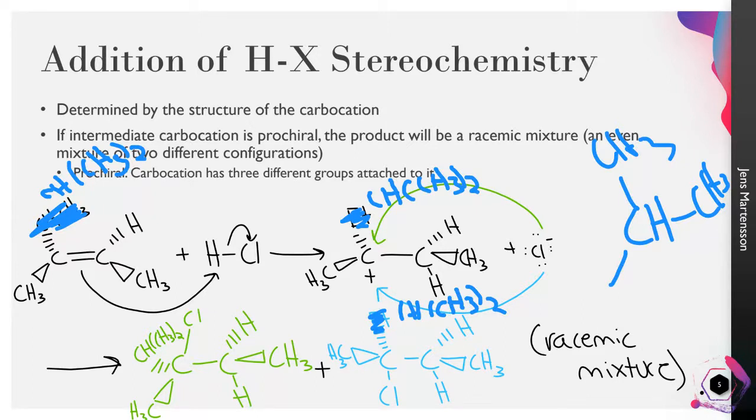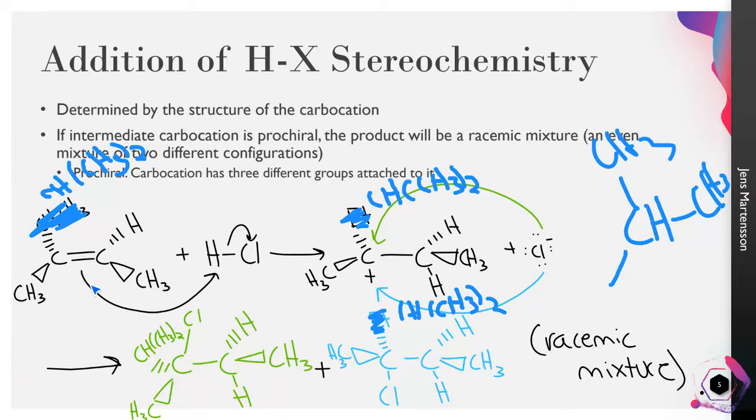So prochiral means that the carbocation has 3 different groups on it. An example of this: we have our doubly bonded carbons here. This carbon has a methyl group and a hydrogen on it. This one has a methyl group and an isopropyl group on it. It works the same way.